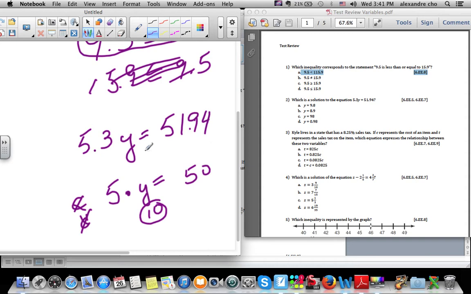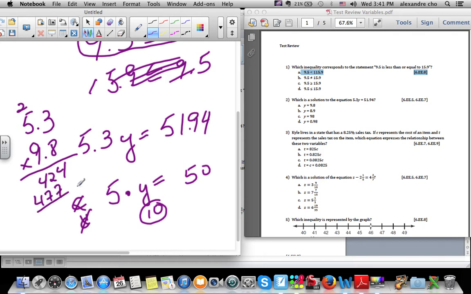Now, how are you going to figure it out? Well, why don't we multiply 5.3 times a number, and let's pick A, 9.8. Let's see if that equals 51.94. So 8 times 3 is 24, goes 2. 8 times 5 is 40, plus 2 is 42. 9 times 3 is 27, goes 2 again. And 9 times 5 is 45, plus 2, 47.